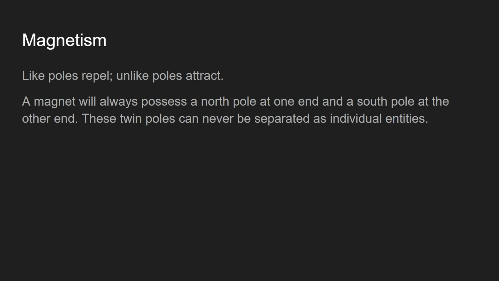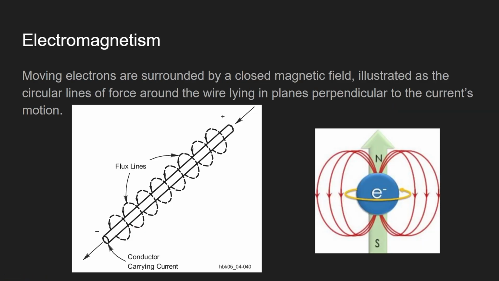Okay, magnetism I've just talked about. Like poles repel and unlike poles attract. A magnet will always have a north pole at one end and a south pole at the other. The basic explanation is that an electron is a moving charge, so it has an electric field.